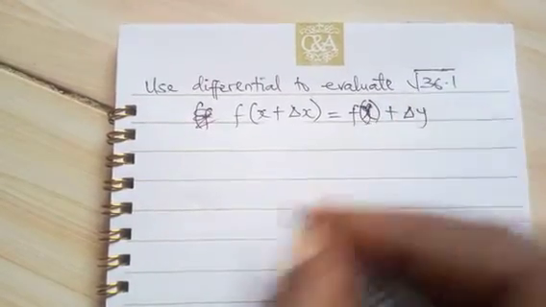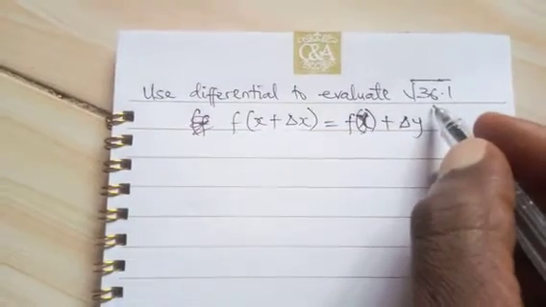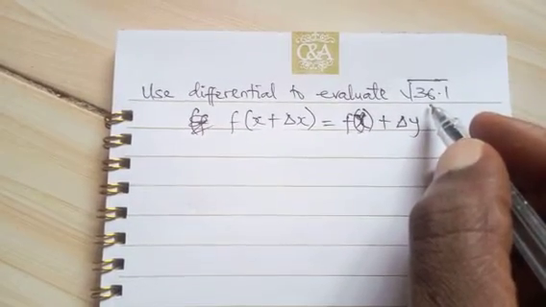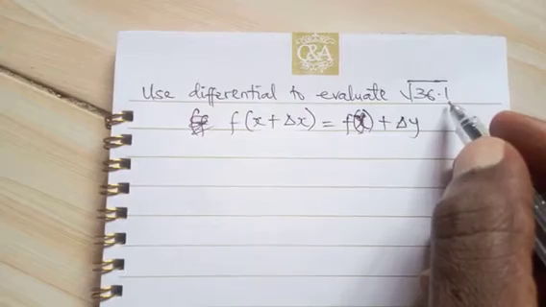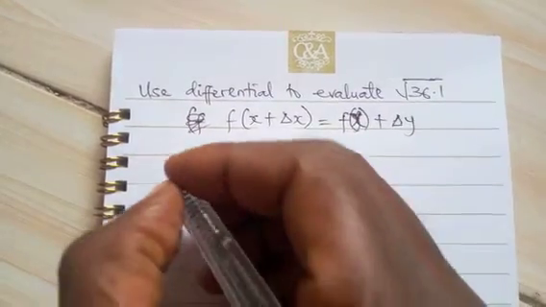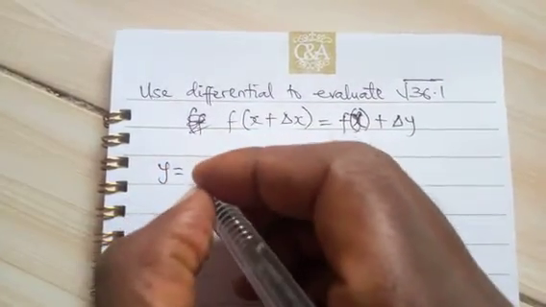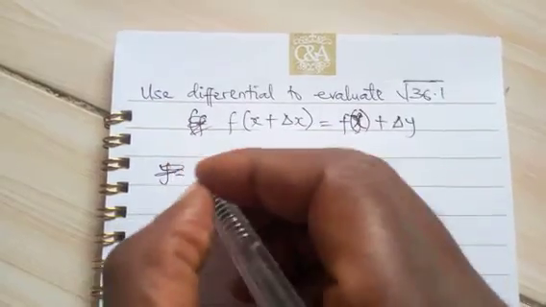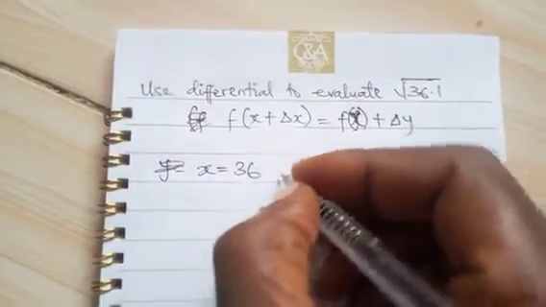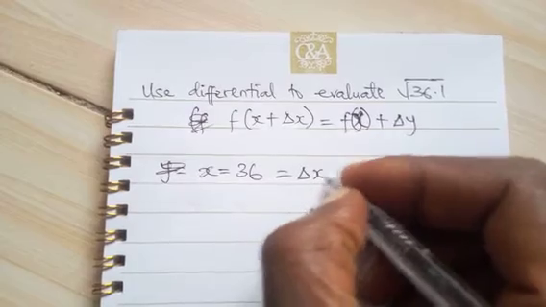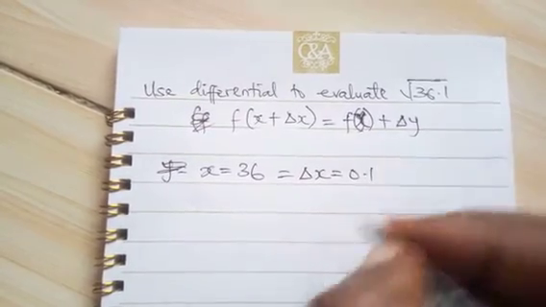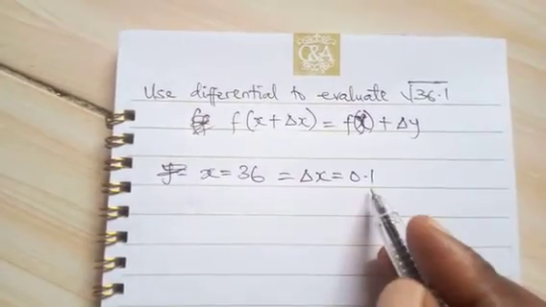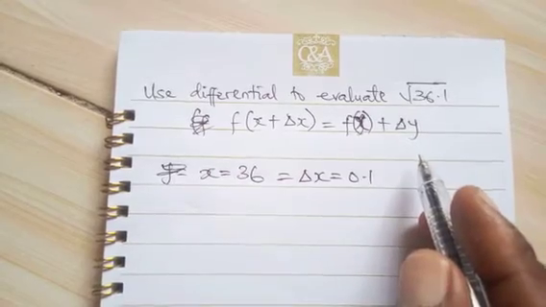This is the same thing as y. So we cannot find the square root of 36.1, but we can find the square root of the nearest number, which is 36. So our x is equal to 36, and our change in x is equal to 0.1, because 36 plus 0.1 gives us 36.1.